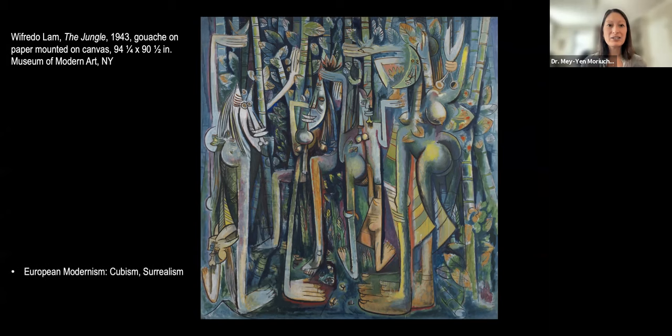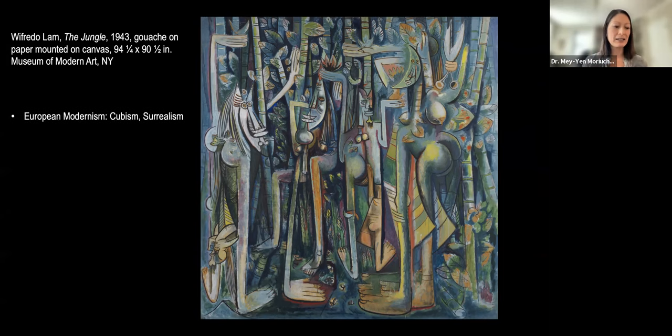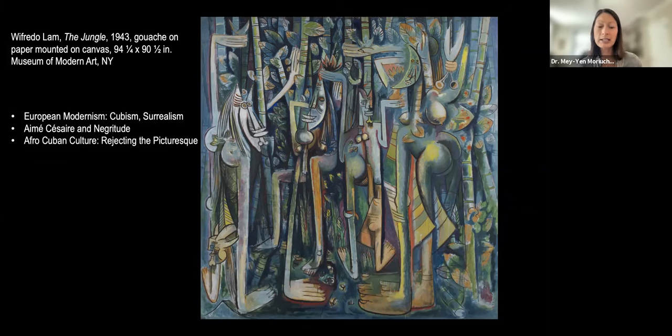So what I'd like to share with you today are some thoughts about this artist, Wifredo Lam's connection and engagement with European modernism, with the particularly avant-garde movements of Cubism and Surrealism. I will also talk about his connections with Aimé Césaire and the Negritude movement, and his embrace of his Afro-Cuban culture and Santeria religion.